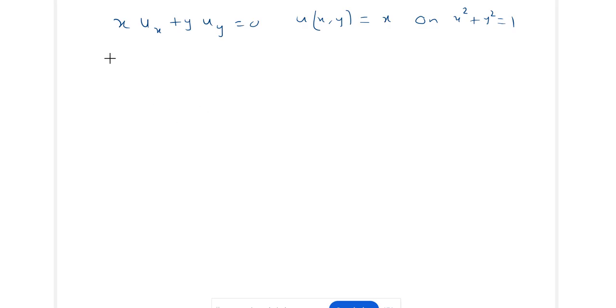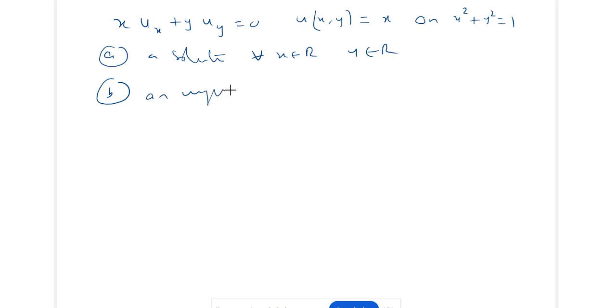Looking at the options: option A is a solution for all x belongs to R, y belongs to R. Option B is a unique solution in the collection of (x, y) belonging to R² such that (x, y) is not equal to (0, 0).